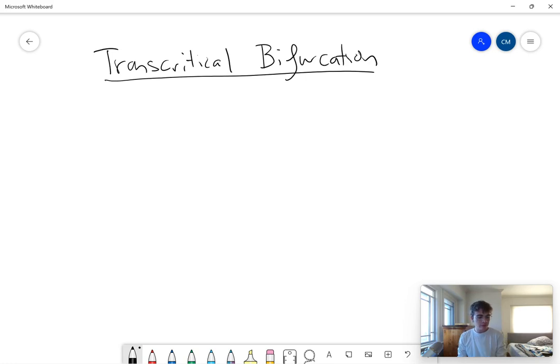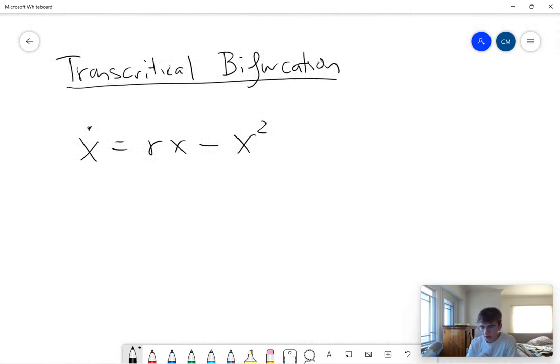Okay, so the next type of bifurcation we're going to talk about is transcritical. Now, this type of bifurcation is characterized by fixed points changing their stability, but their existence still remains. Okay, so the classical example would be x dot is equal to rx minus x squared. And now we're changing the x term instead of the constant term in this parabola as we vary r.